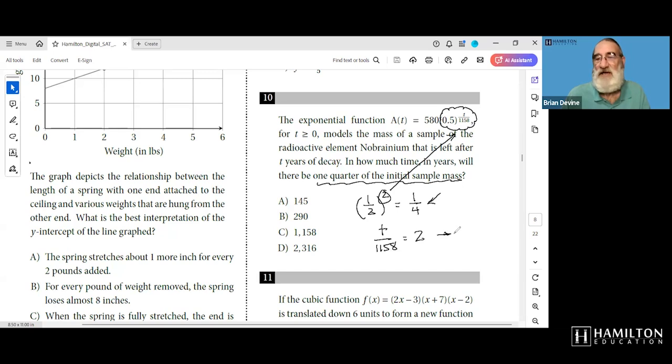And if I multiply both sides by 1158, I get t equals 2316. So in 2,316 years from when we start looking at that thing, 580 grams will then be 1/4 of 580 grams. And D is still your answer.